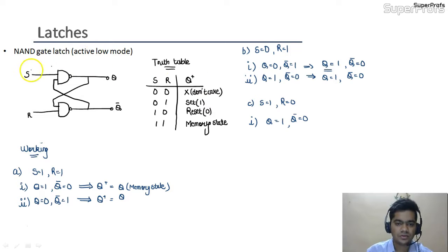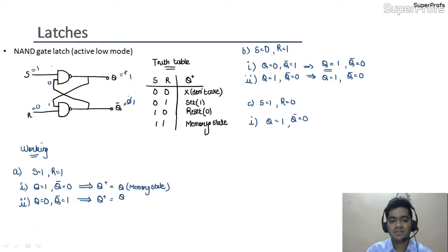Okay, so for S equals 1 and R equals 0, we have assumed that the past output was Q equals 1 and Q bar equals 0. So this 1 would be transferred here and this 0 would be transferred here. Okay, so 1 0 NAND gate would give us 1 and 0 1 NAND gate would also give us 1.